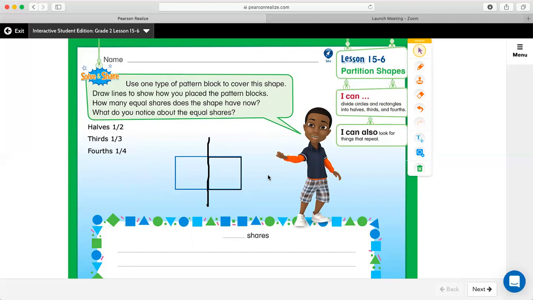Now, we're showing equal shares, right? This half of the rectangle now has the same amount as this half of the rectangle. That means that they are equal. That's equal shares.